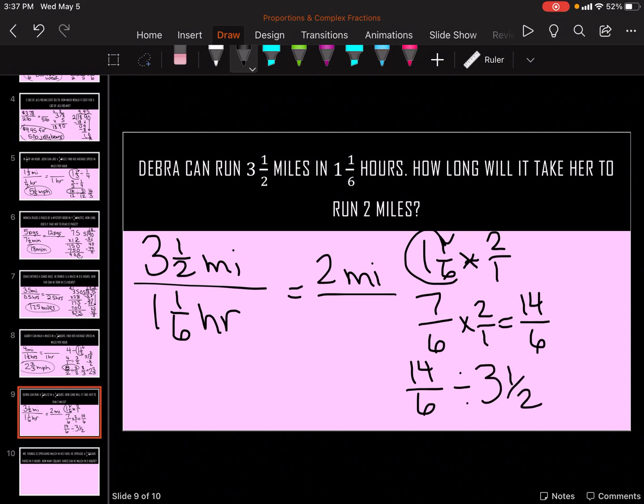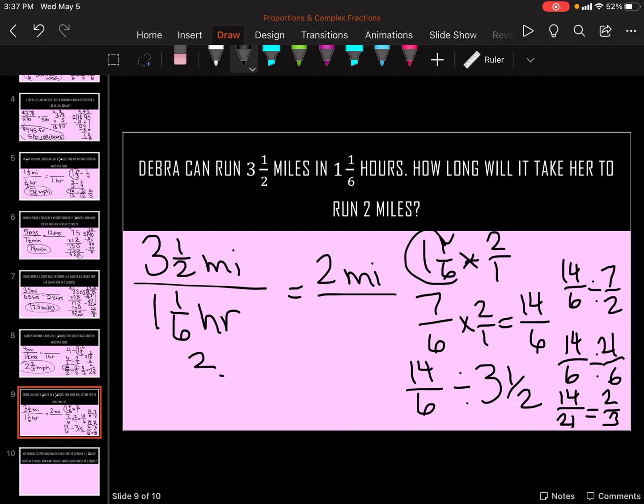So then that is 14 over 6 divided by 7 over 2. That becomes a denominator of 6, which would be 21. 14 over 21 simplifies to 2/3. So it would take 2/3 of an hour to go 2 miles.